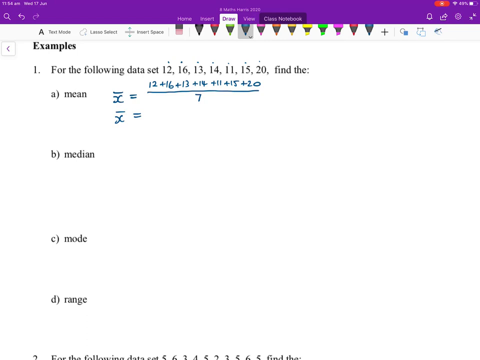So the average is equal to, now what do all of those numbers add up to? Well, you can get a calculator or you can try doing it in your head, but if you add them up, they'll add up to 101, and it has to be divided by 7. Now 101 divided by 7 is 14.42857114.